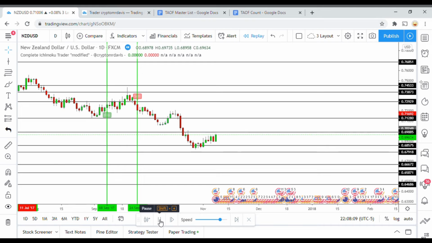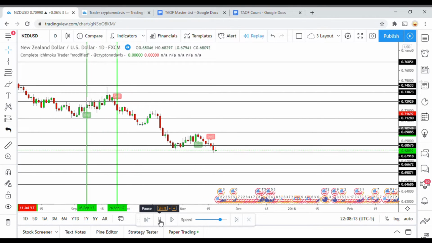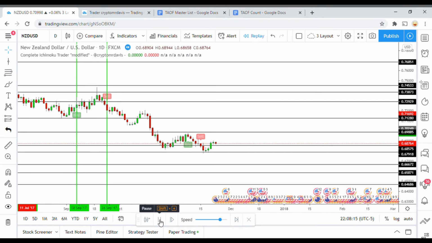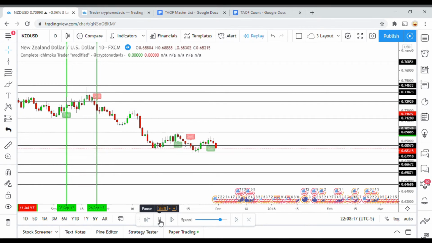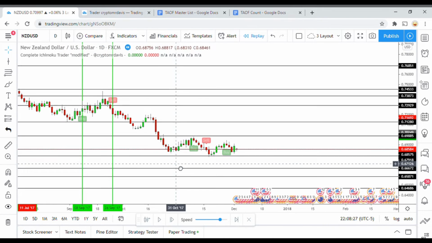And so this is the thing about indicators. If you find yourself a really good indicator, I mean, it's taking calculations that are well beyond what the human brain is able to calculate.